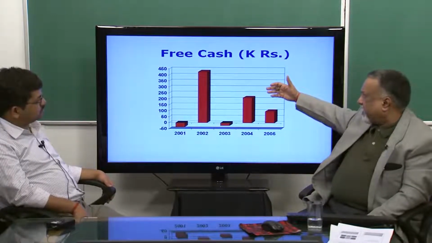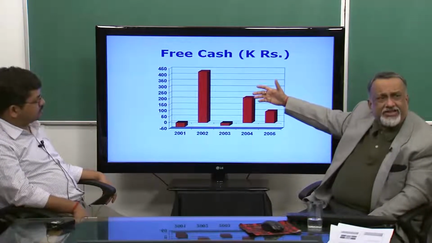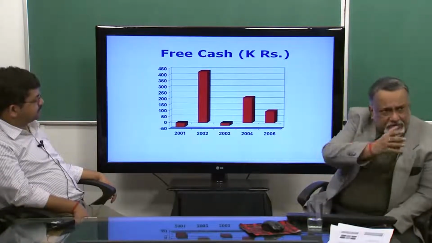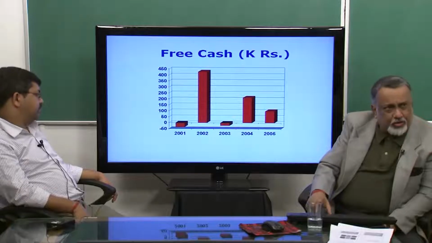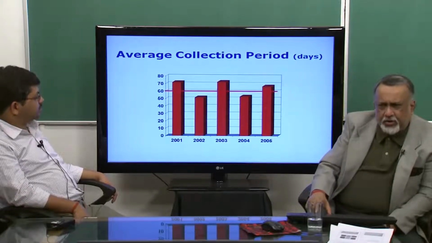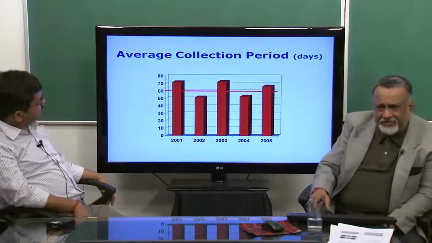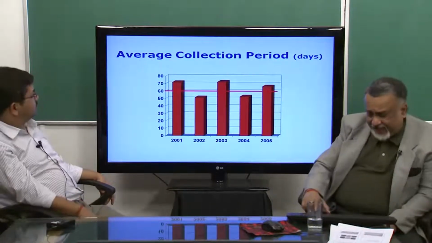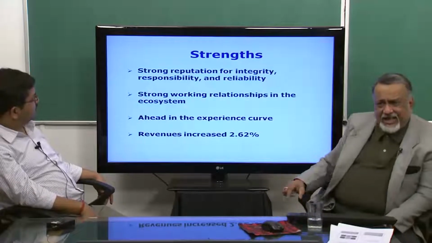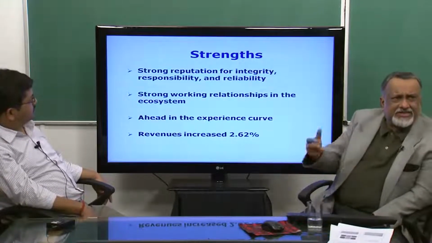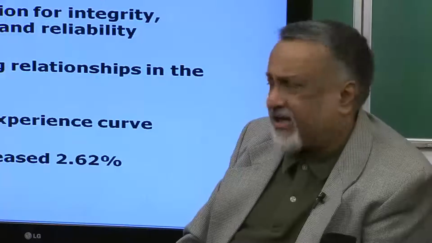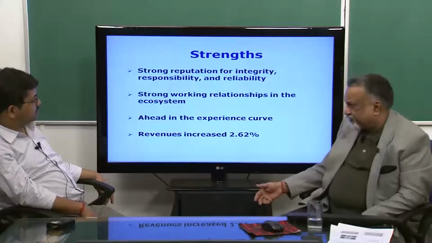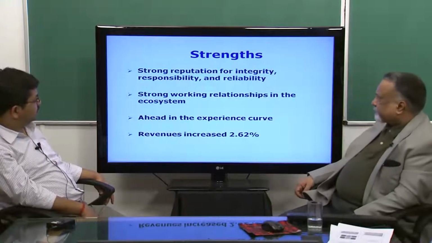Your competitive strength is more when you have higher free cash flow, because that gives you much better maneuverability. This going up means you will go into more debt and you will have more debt servicing, and we will discuss that in more detail in a later module on these financial aspects of marketing.